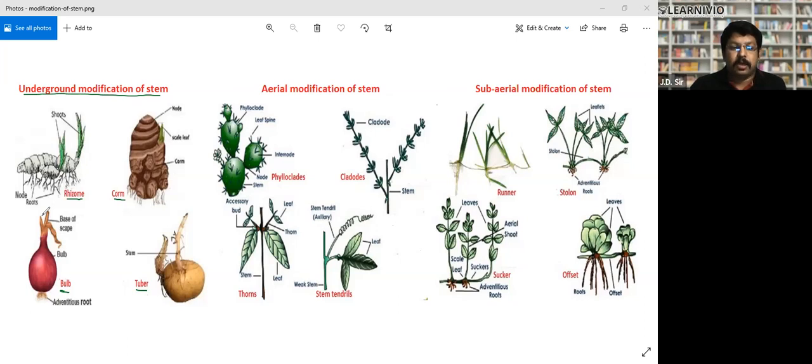It gives rise to vertical shoots at favorable conditions. The lower part has adventitious roots.